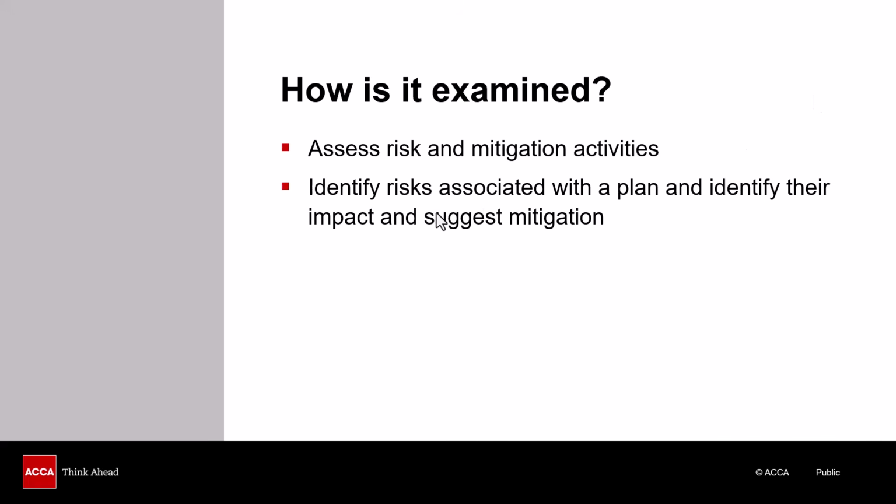Another way it might be examined, and as I say, this is far less common: identify the risks associated with the plan, and then identify their impact and suggest mitigation. So for example, there was a past exam paper where a company was thinking of moving its premises to an area which was vulnerable to flooding.